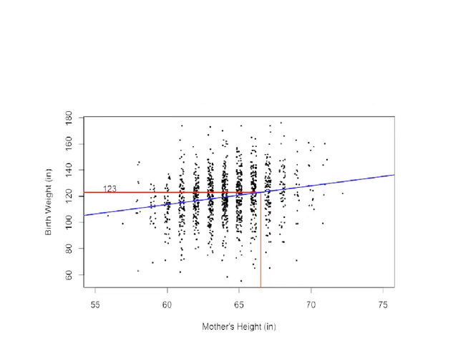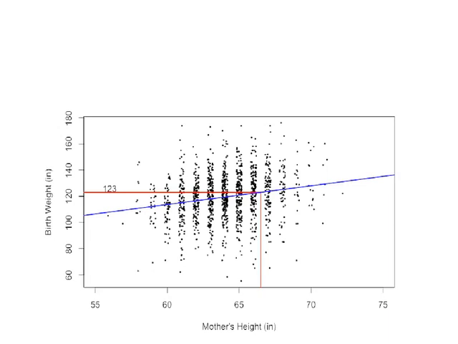It's pretty weak. It's like 0.2. So we have for the prediction 123. For the moms who are 1 SD above average, we would expect their baby's birth weight to be not 1 SD above average, but R times 1 SD above average.